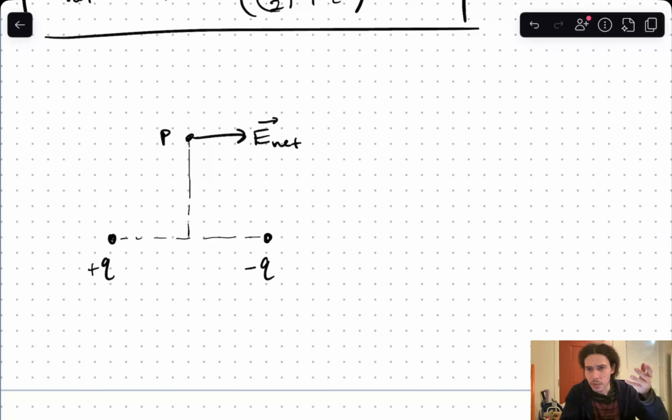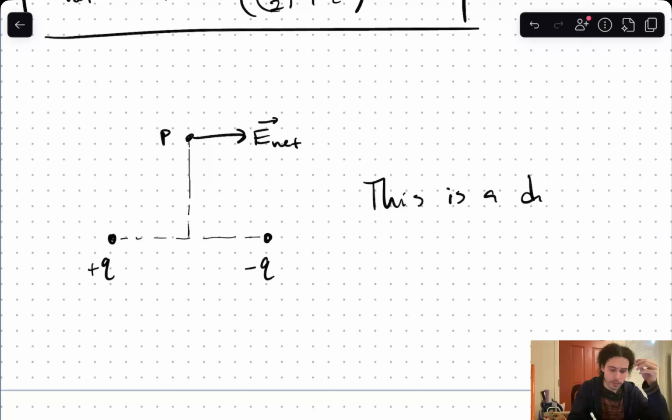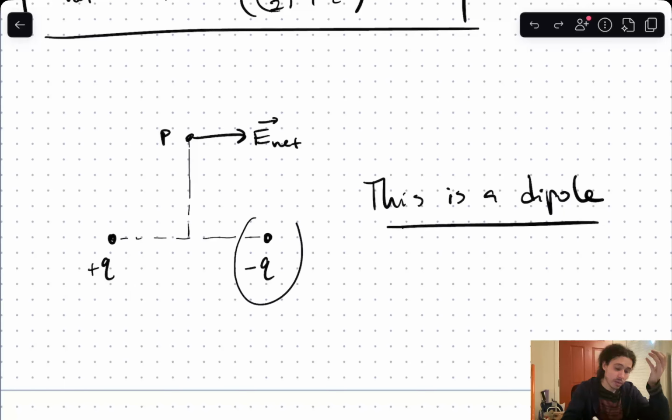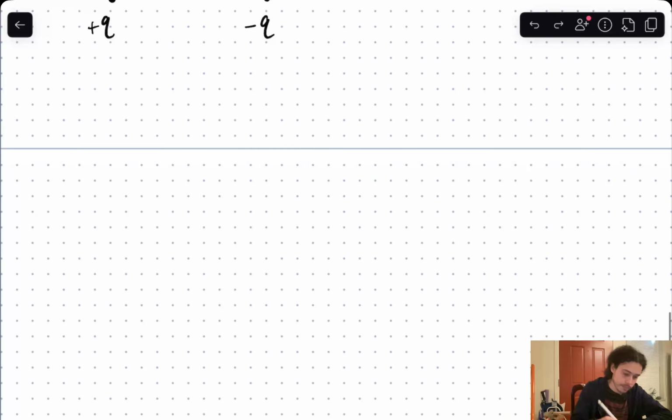But the big picture here is that this is a dipole. It's a dipole arrangement, meaning that you have one side that's positive, you have another side that's negative. And the behavior of the electric field is going to be something like this.